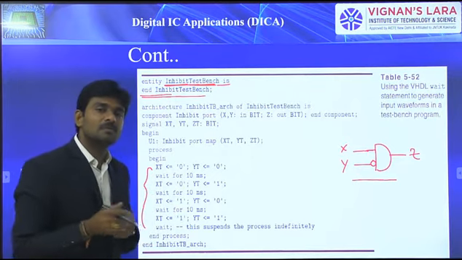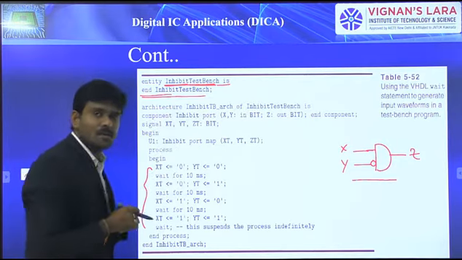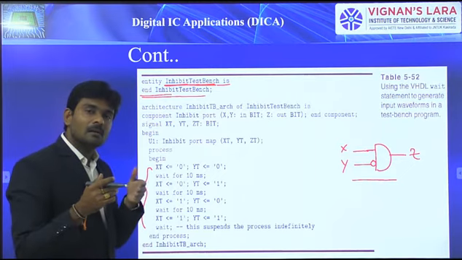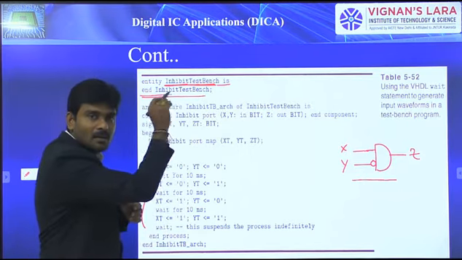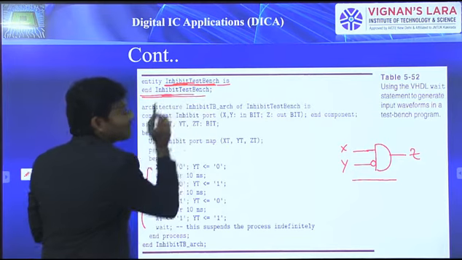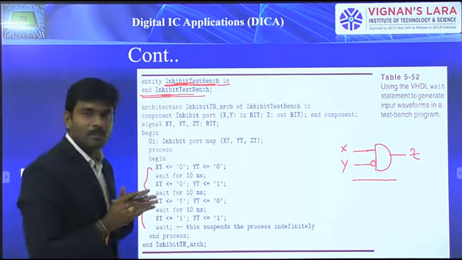So there is no need to mention inputs and outputs in the entity part while describing the test bench. So just end entity name. The same name must appear in these two places. With that, the entity part is over.